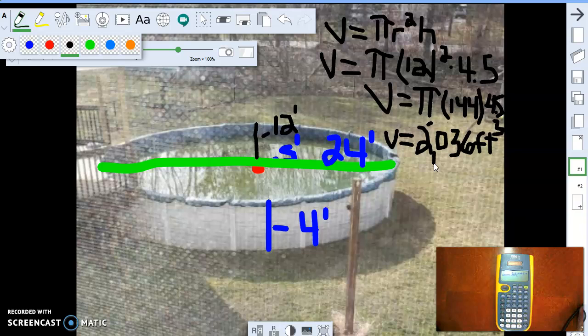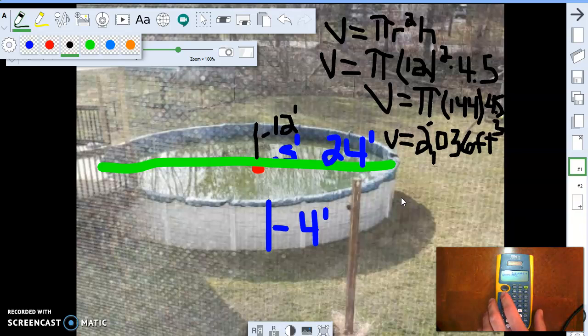We have the volume, but the question is how much water or how many gallons will this pool hold? Like I said before, we have a 24-foot pool, a radius of 12 feet, and an average depth of 4.5 feet. So how many gallons does this pool hold? Well, the rule of thumb is there's 7.5 gallons per cubic foot.